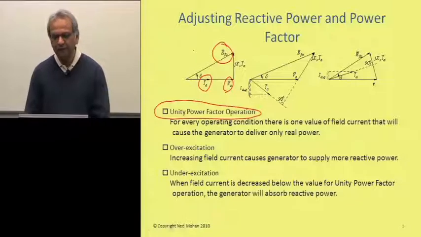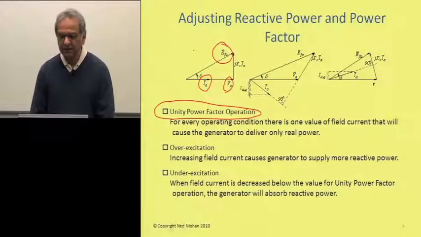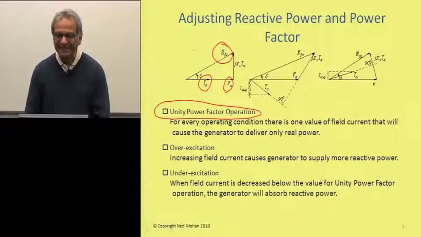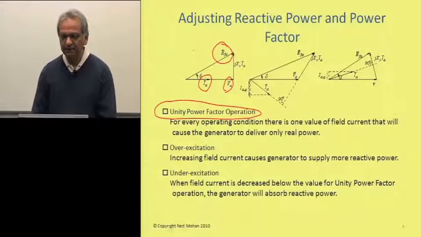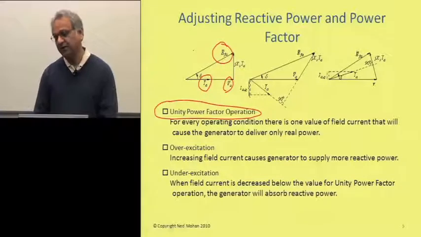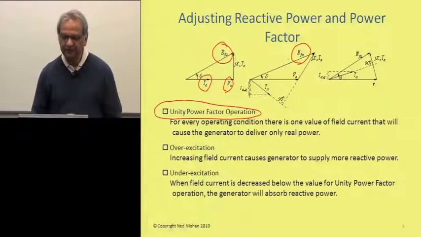But what if we want to supply reactive power to the grid from this generator? What we will do is make the field current greater than what it was in the unity power factor case. So you can see here that now this back EMF has a larger amplitude.